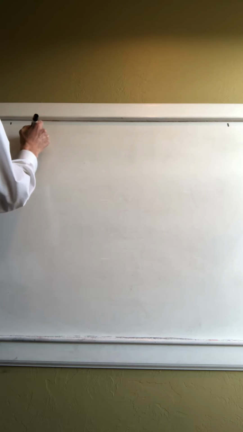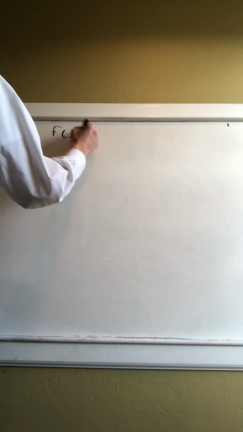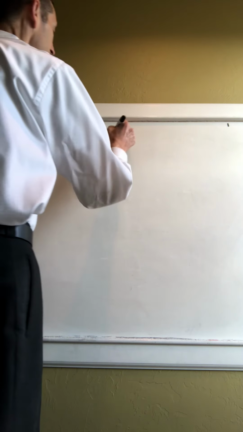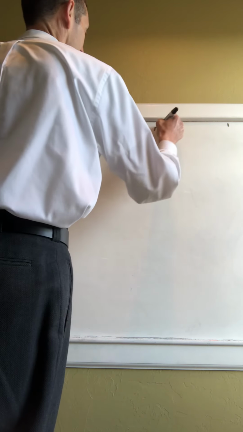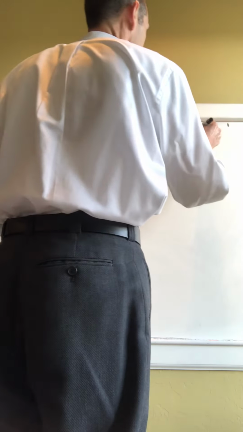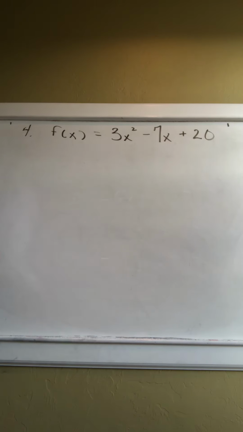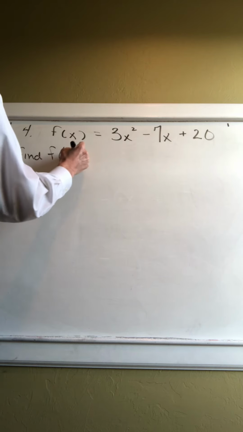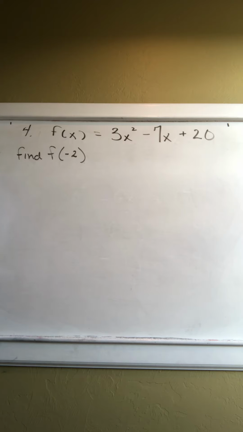Okay, number 4. f of x is equal to 3x squared minus 7x plus 20. Okay, we gotta find f of negative 2.